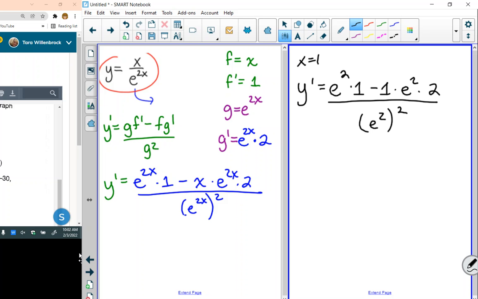Now, if you throw that all in your calculator, you've got to be really careful about the order of operations and grouping things and all those other little pieces, because it's very easy, even with a calculator, to evaluate this incorrectly.